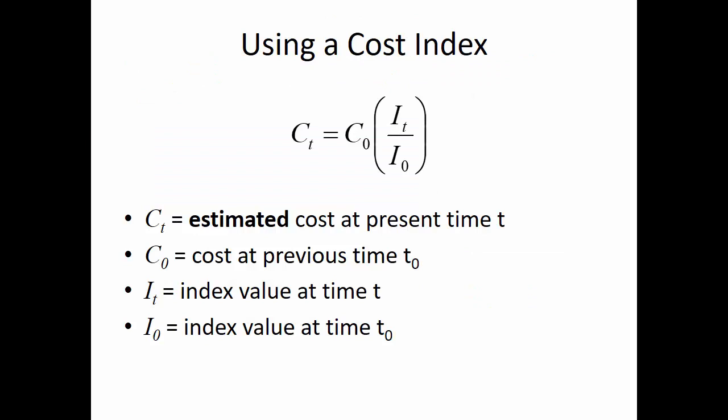Now here's the formula that shows how you'd use that ratio. If you knew that back in 1984 you had a cost of a house that was $100,000, you multiply it by the ratio of the cost index now to the cost index then, and you can find what the item will cost today, how it's going to be changing over time.